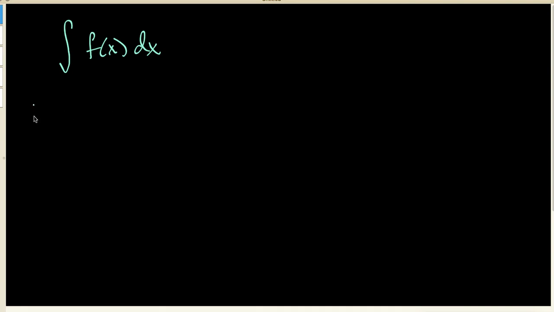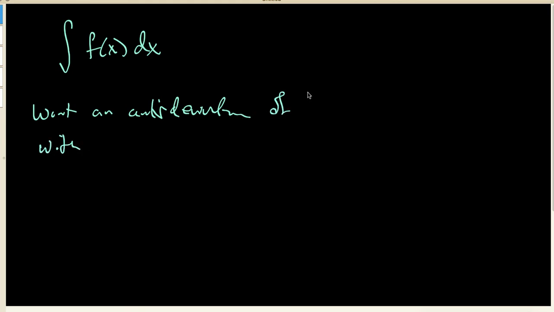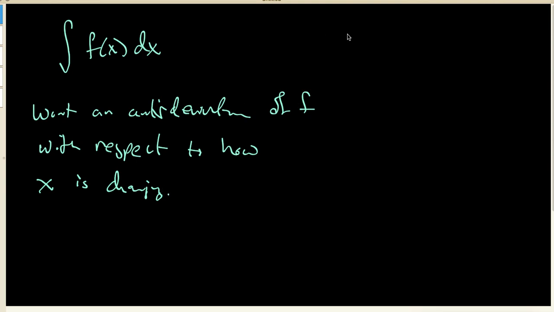So when we are writing the antiderivative of f of x dx, what we are saying is that we want an antiderivative of the function f with respect to how x is changing. And this would be f of x.